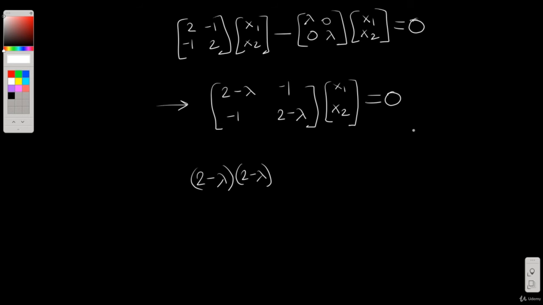So if we have a, b, c, d times x1, x2 equaling 0, the determinant is none other than a times d, this is just a refresher, minus b times c, equal to 0. And so this is what we're doing here. So we have minus 1 equal to 0.